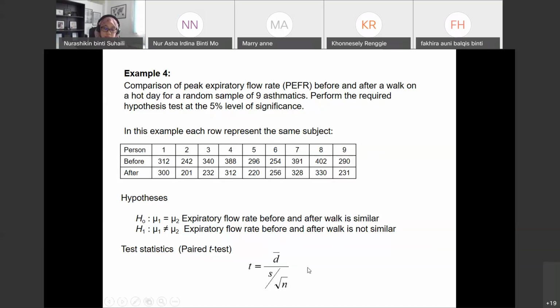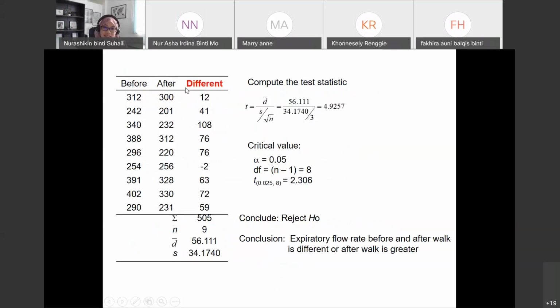That one you have to decide by yourself, because you have to understand the situation. So what you have to do next, I explained the D just now. That's how you use this formula, by finding the D bar and the S from the formula of S squared.